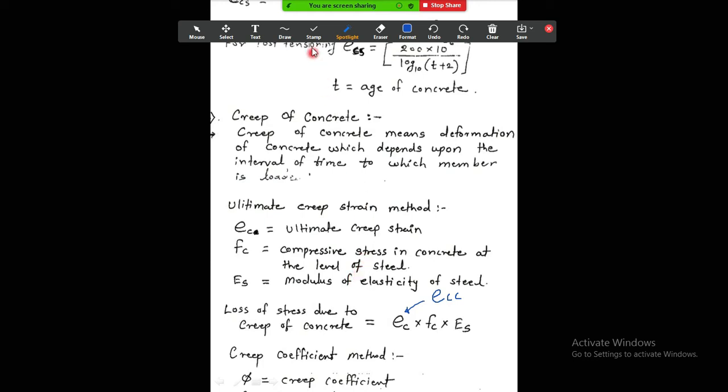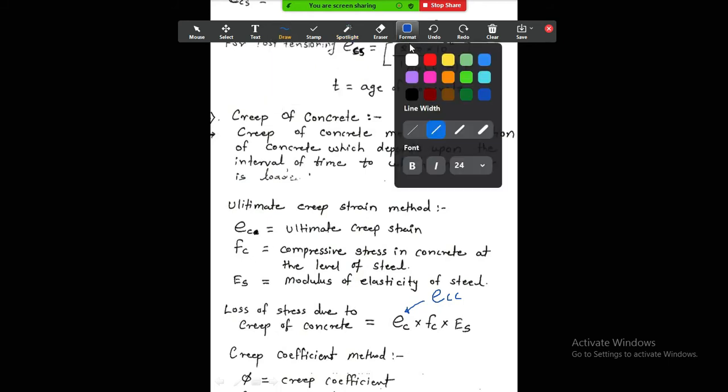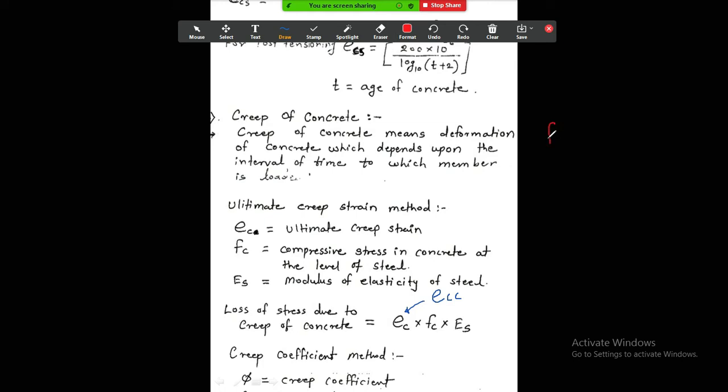For fc, the formula can be calculated as P by A, that is the initial stress, plus P e square by I, where P0 stands for the initial pre-stressing force, or in some books Pi is also given.